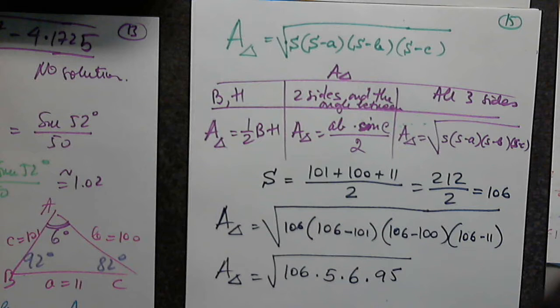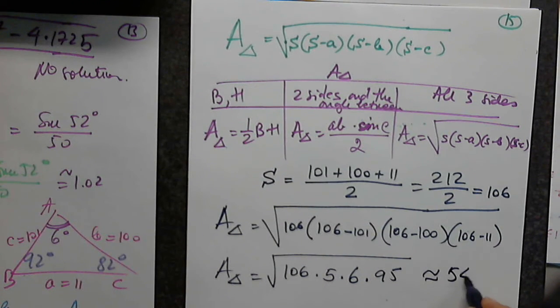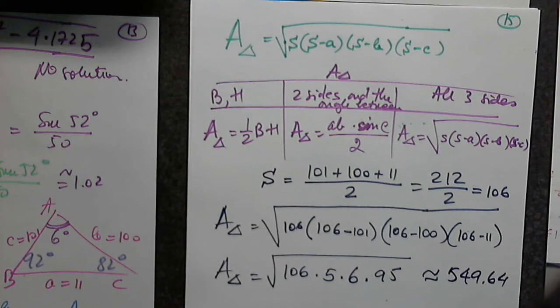So I have the square root of, in parentheses, 106 multiplied by 5 times 6 is 30, and multiply by 95. Close the parenthesis. And this is the area of this triangle: 549.64, approximately, whatever units squared.